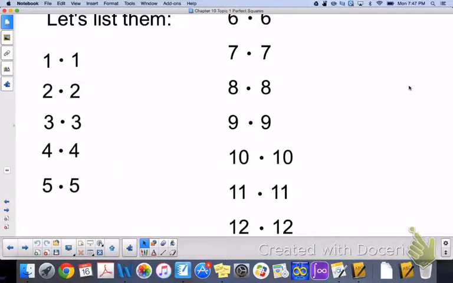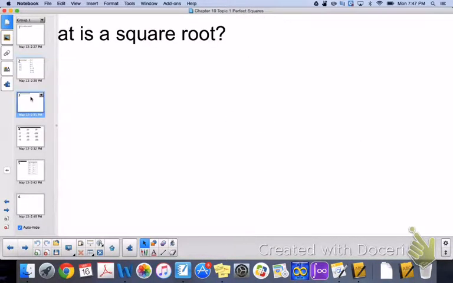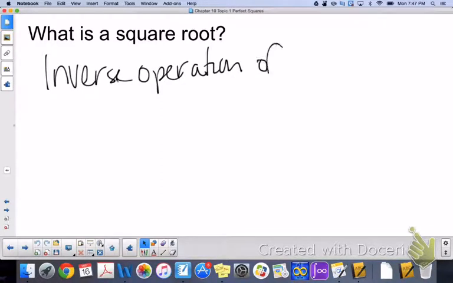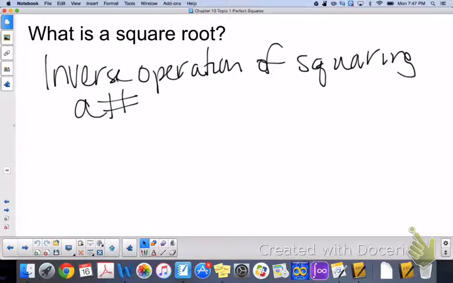So, next we are looking at what is a square root. Okay, so a square root is basically the inverse operation of squaring a number.